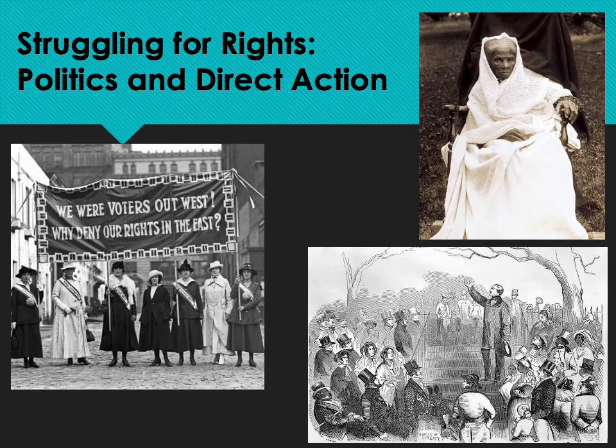And then there are two other images there as well. In the upper right-hand corner is a picture of Harriet Tubman. And as you know, Harriet Tubman was responsible for the Underground Railroad that led people who were slaves in the South to freedom in the northern parts of the United States.